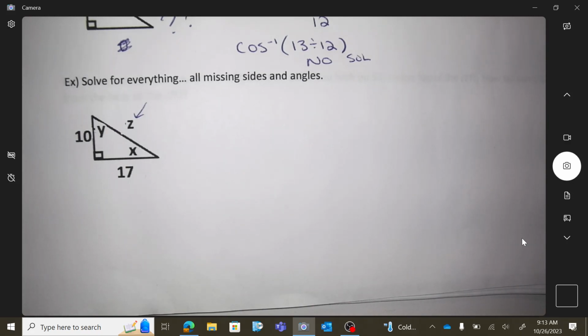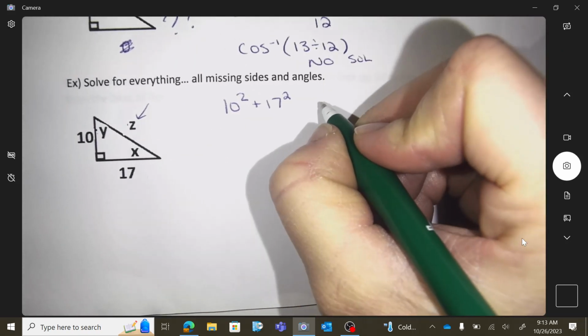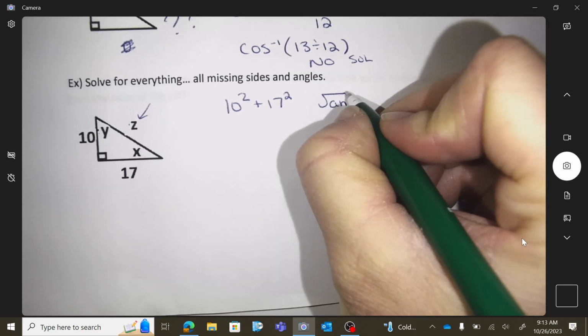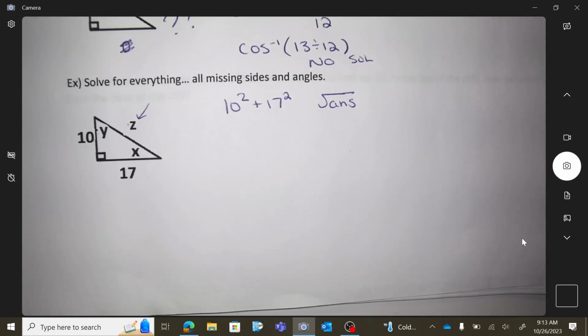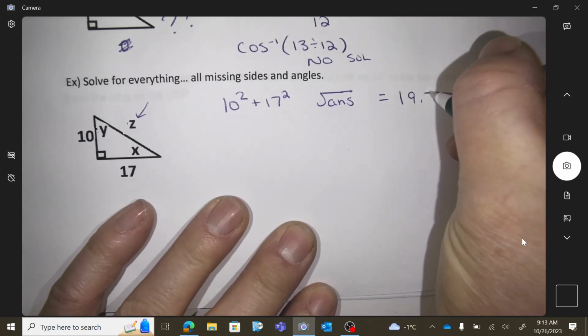Would you add or subtract to get that one? Add. So 10 squared plus 17 squared, and then we square root, and we push the answer button, right? So that's one strategy we've learned. We're going to kind of combine a bunch of stuff here. Two decimal places.